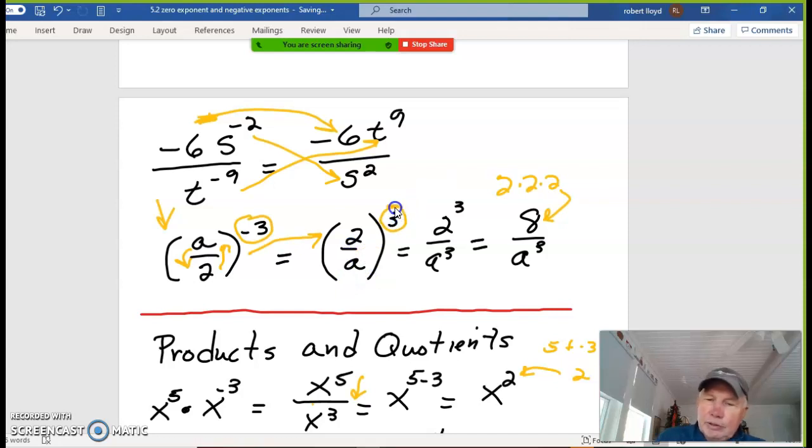So when we do this, that means that the 2 is to the 3rd power, and the 3 is to the 3rd power. So this part we have to finish off. 2 times 2 times 2 would be 8. Don't forget, when you have numbers that are raised to powers, you need to finish that.